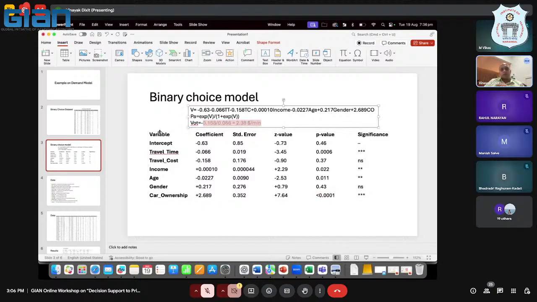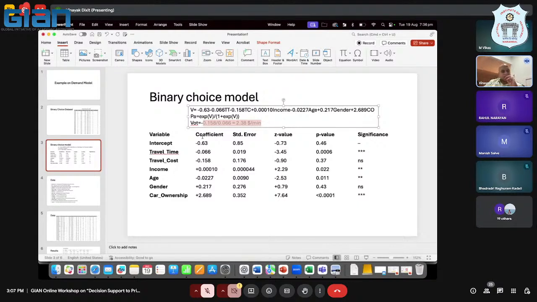$4 an hour. So for every travel time saved, what is the value of time? Similarly, you can have value of reliability also. If you put reliability, the standard deviation of travel time, you can get value of reliability.